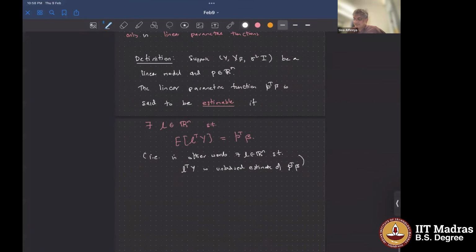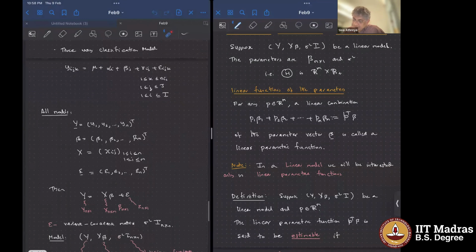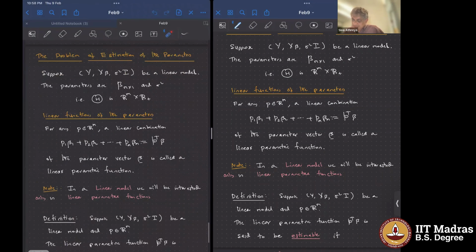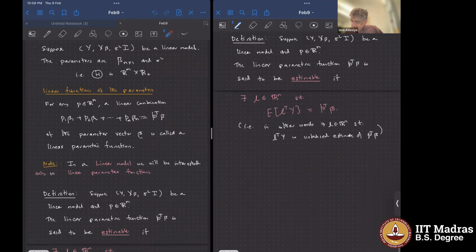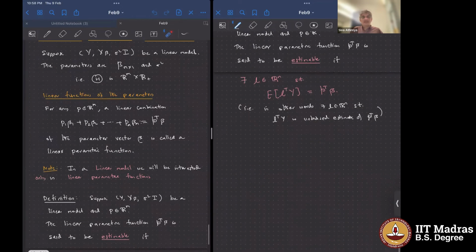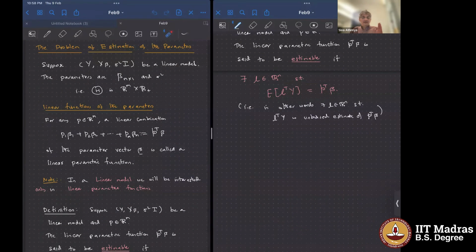That's the first definition. So I have the linear parametric function, and I say it is estimable if there is a vector L in Rn so that L transpose Y is an unbiased estimator of P transpose beta. That's when I call P transpose beta estimable.